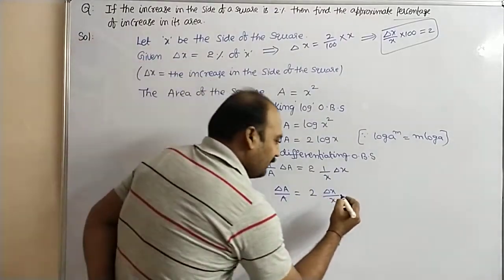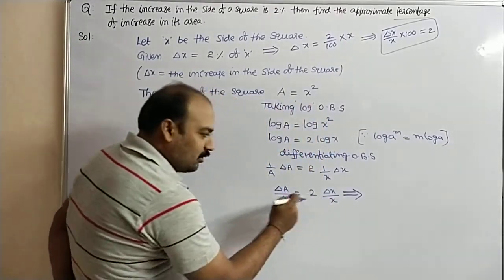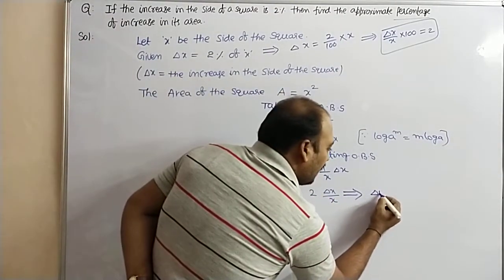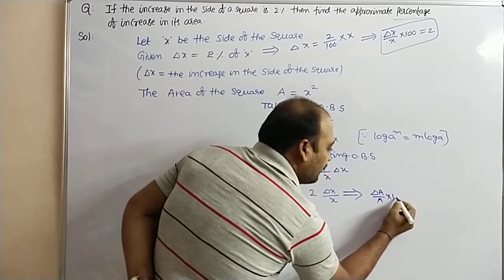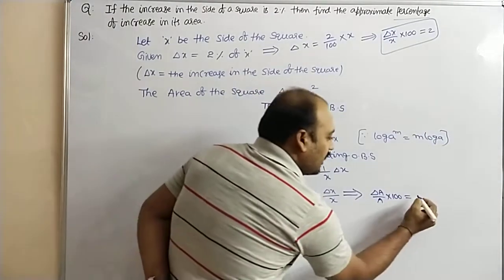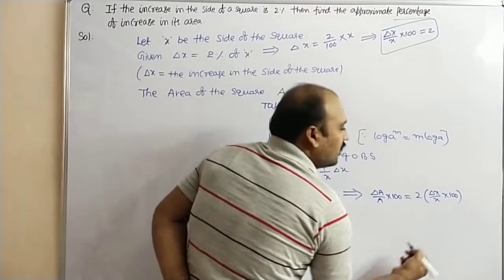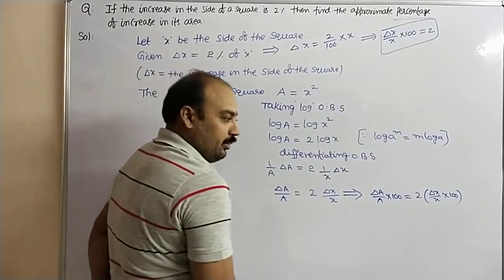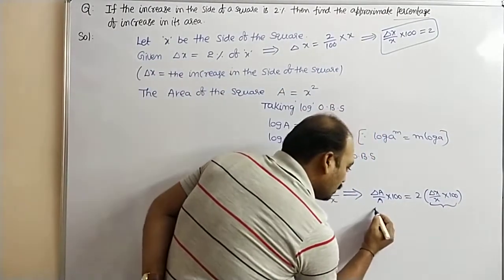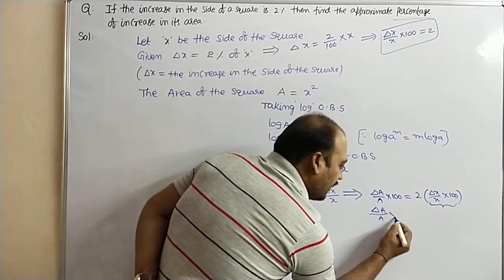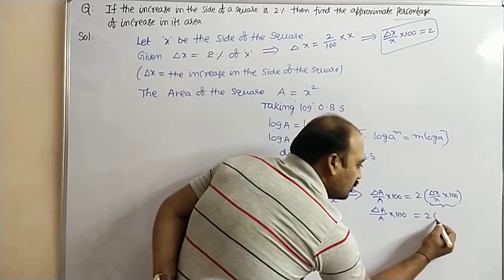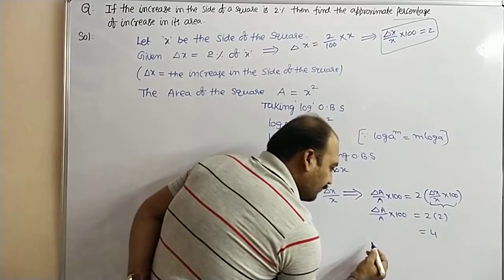So now here, multiplying on both sides by 100, delta A by A into 100 is equal to 2 times delta x by x into 100. Since this value is equal to 2, delta A by A into 100 equal to 2 into 2, which is equal to 4.